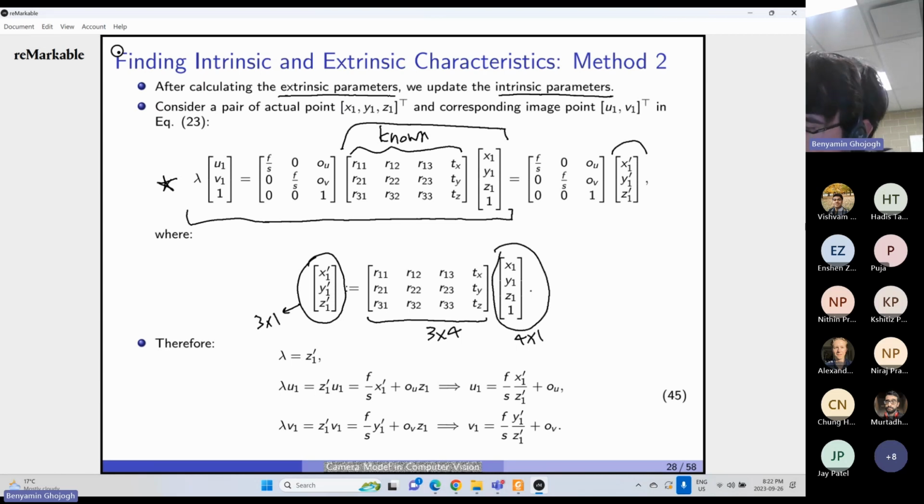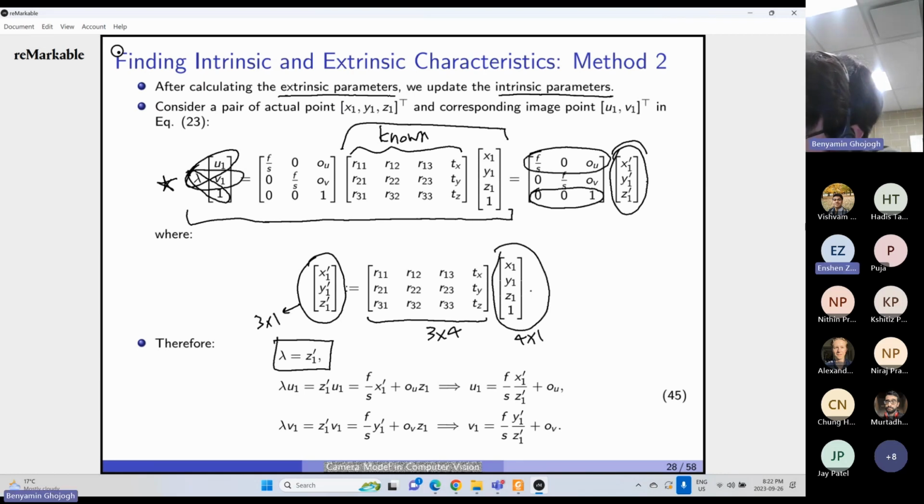Now, what do I have? I have a system of linear equations. According to the third equation, lambda times 1 equals this times this, so lambda equals z1 prime, right? What about the other two equations? Lambda u1 equals this times this, which is this.